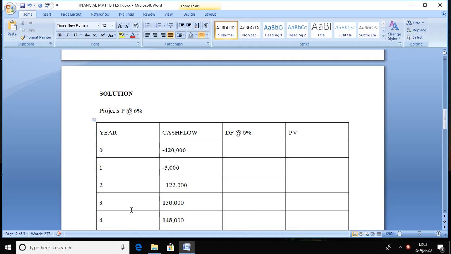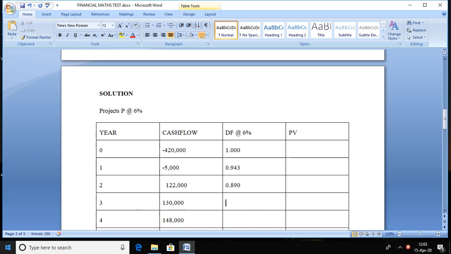Then DF at 6%, you go to the present value table to just pick these values. Column 6%. Of course, for year 0, it's going to be 1.00, but for year 1, 0.943, that's at 6% from the table. For year 2, that's 0.890.